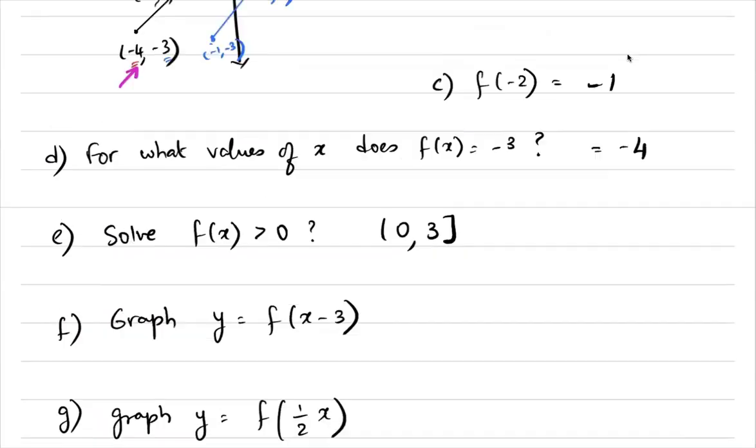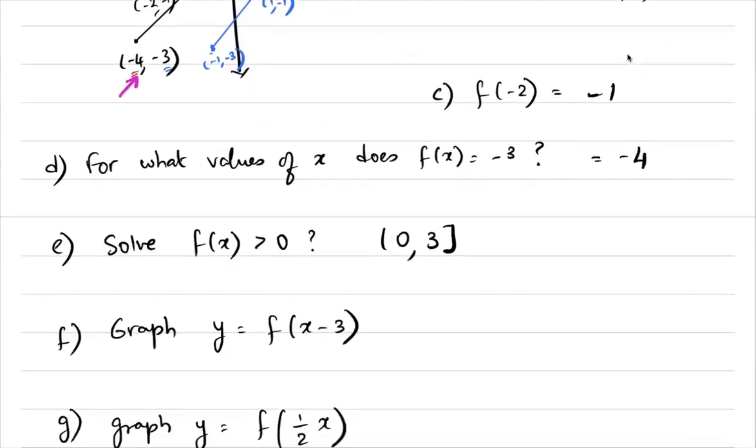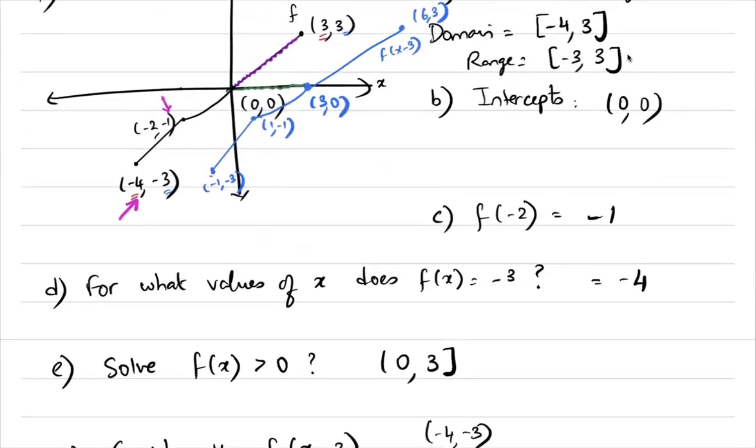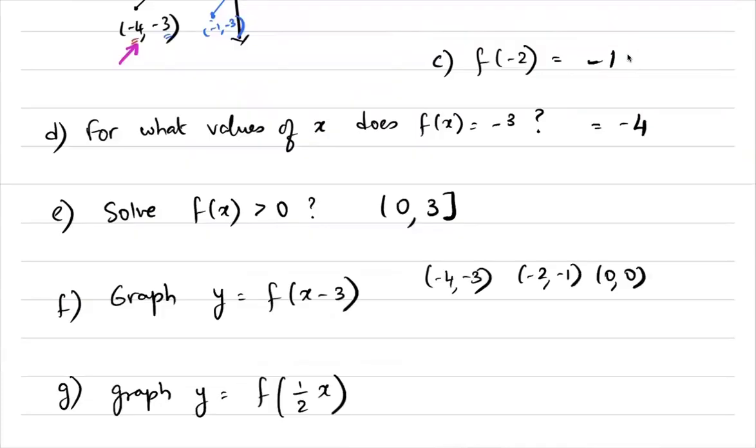So let me take the points and write them out so that you can see it. These are the original points, right? You have -4, -3, -2, -1, 0, 0, and 3, 3.